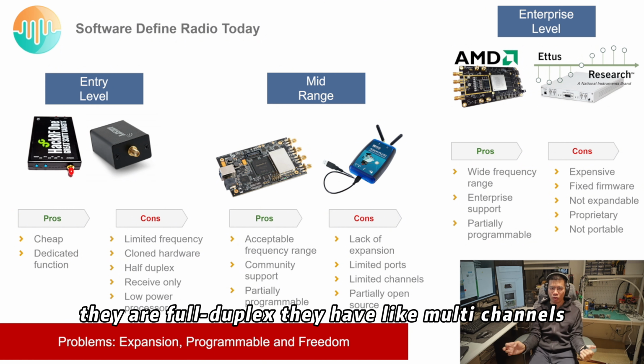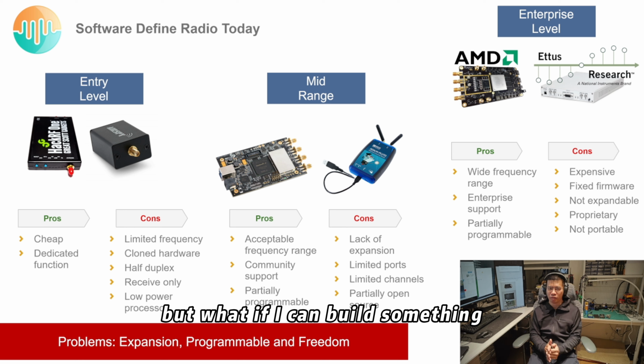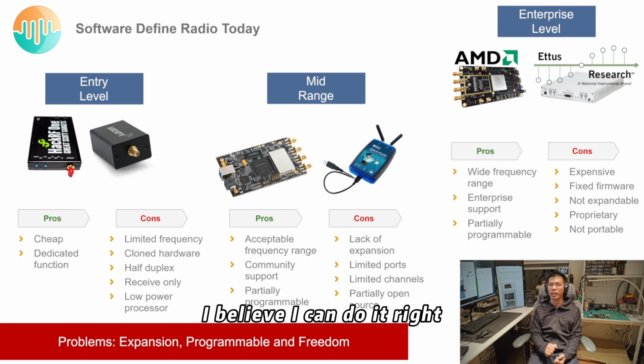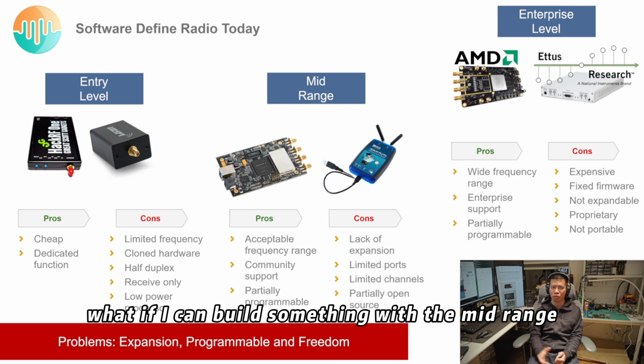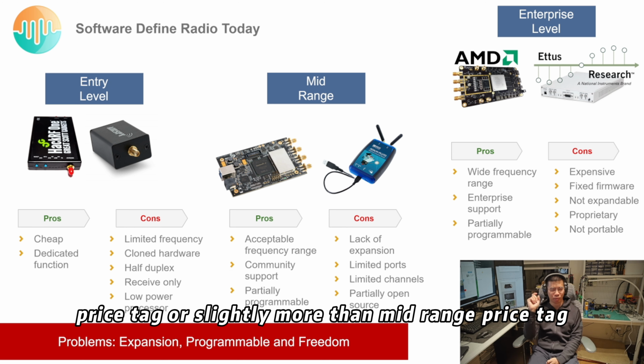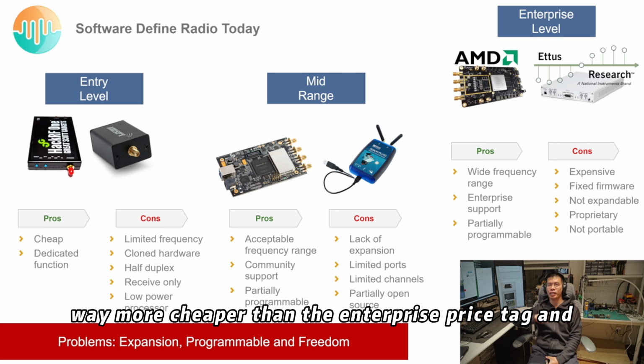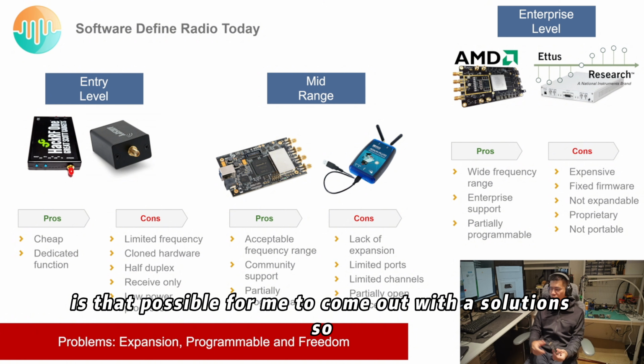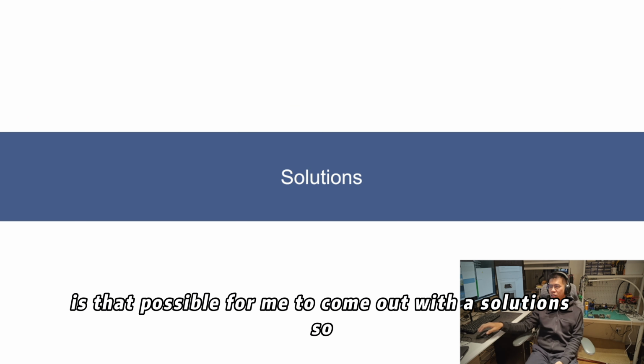They are full duplex. They have multiple channels. But what if I can build something? I believe I can do it. What if I can build something with a mid-range price tag, or slightly more than a mid-range price tag, way cheaper than the enterprise price tag? Is it possible for me to come up with a solution?